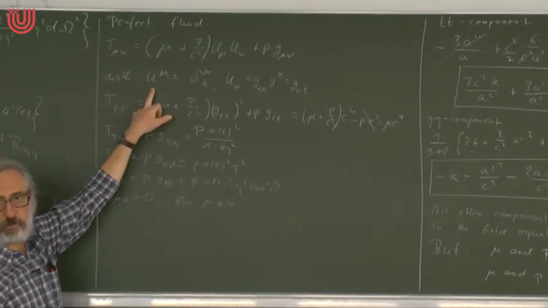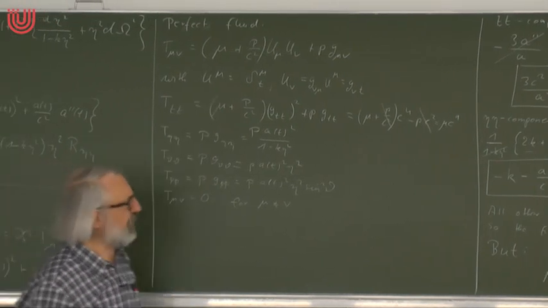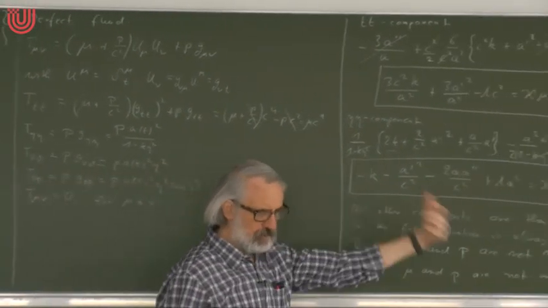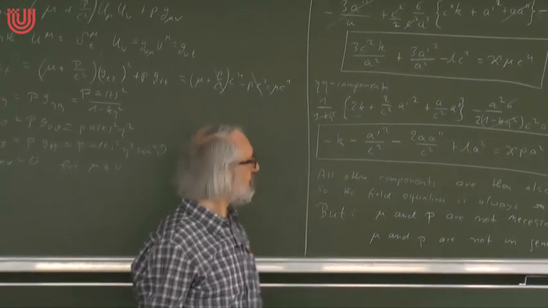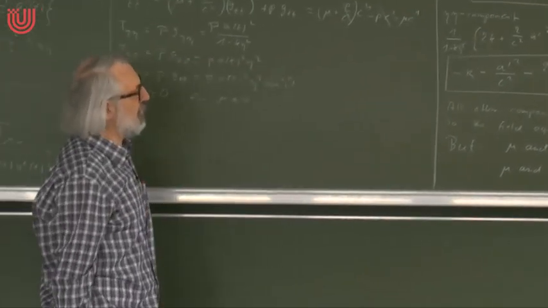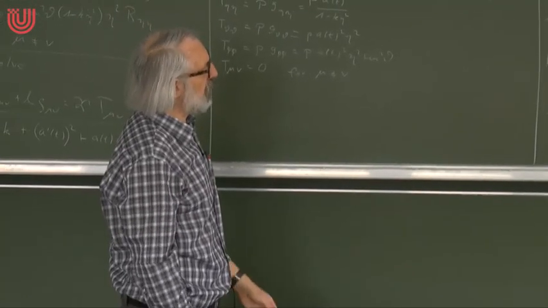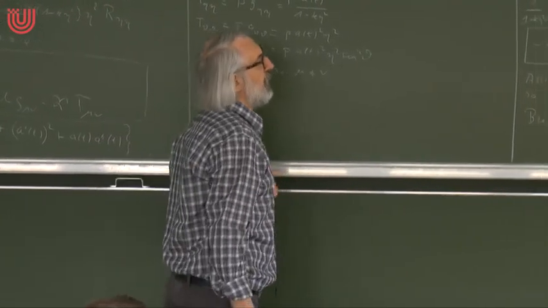So it doesn't give any additional information. Actually, it should not come as a surprise because the Euler equation is a consequence of the field equation. It cannot give additional information. So we will not talk about the Euler equation.